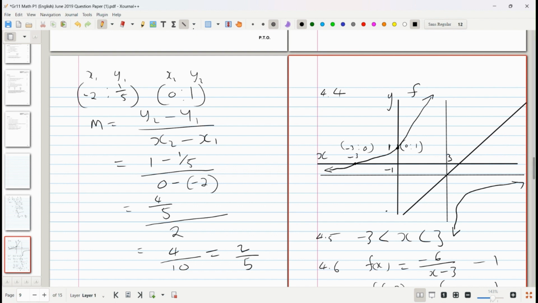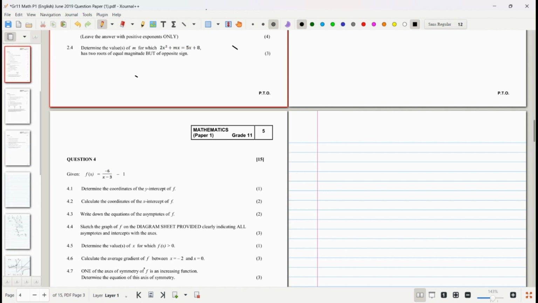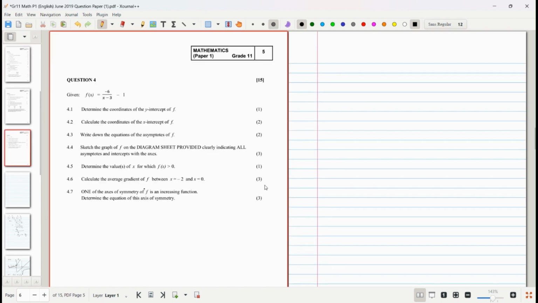The gradient will remain the same, which will be 1. Okay, so we already know the gradient. It's 4.7. The gradient m here will be 1. So that's what we know.